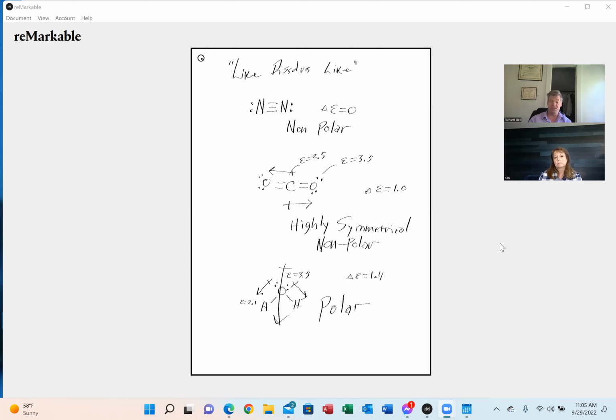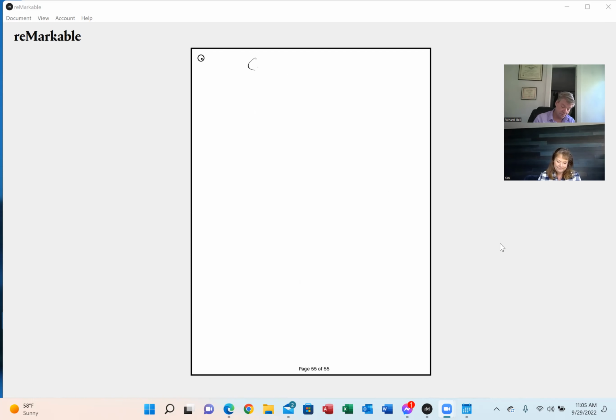Ethanol, as it turns out, is also polar. Carbon, actually, well, we can talk about that. Let's talk about it. Crying out loud, I brought it up. So ethanol, and we did this as an example for Lewis dot structures.